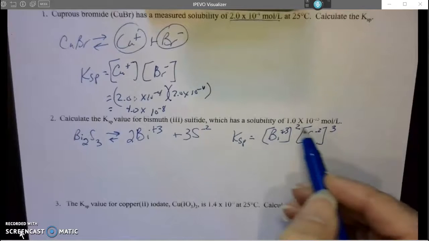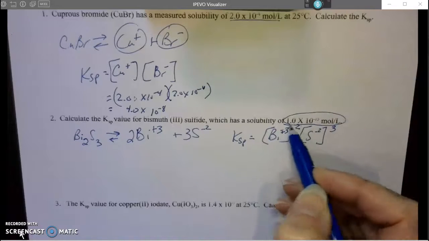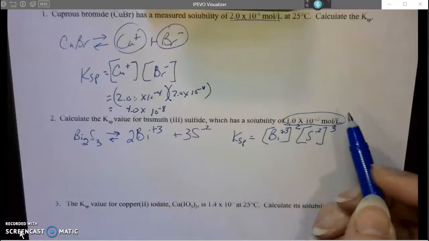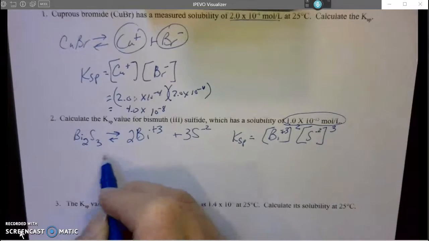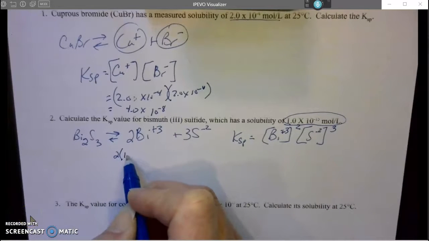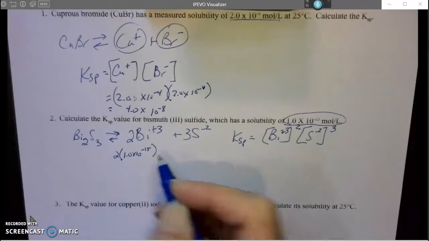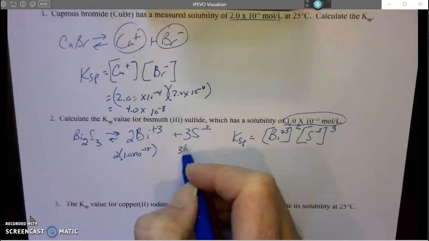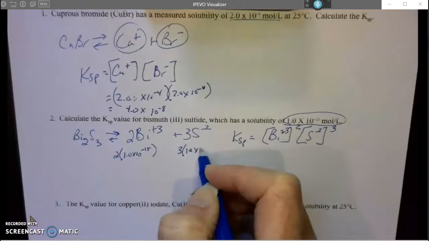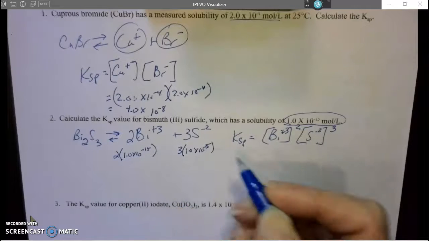Now here my molar stoichiometry. So if this is the concentration of the entire compound, I have to do 2 times the 1.0 times 10 to the negative 15th. And for this one I have to do 3 times 1.0 times 10 to the negative 15th.